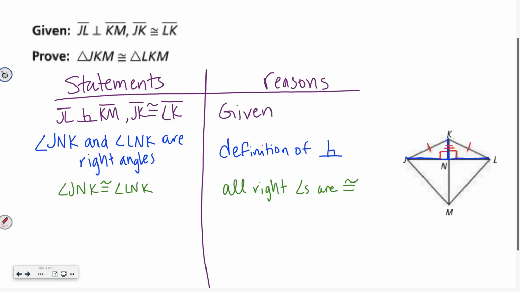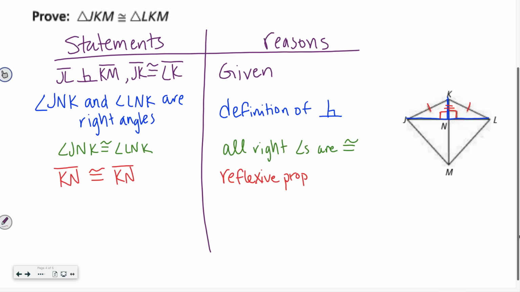So I can say that segment KN is congruent to segment KN by the reflexive property. But if I look at this, I now have enough information to say those two triangles are congruent. So I'm going to say that triangle JKN is congruent to triangle LKN. And I know that because of the hypotenuse leg theorem.